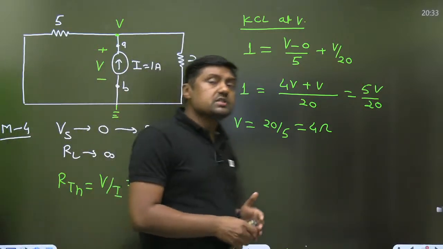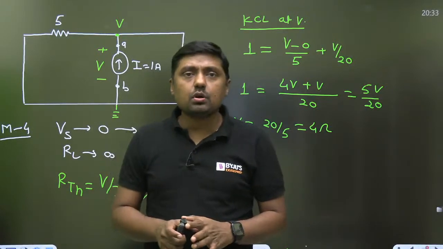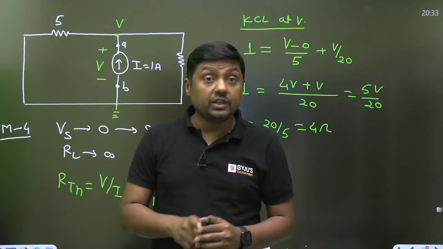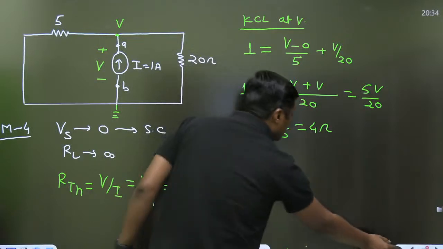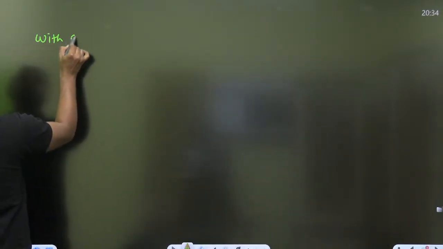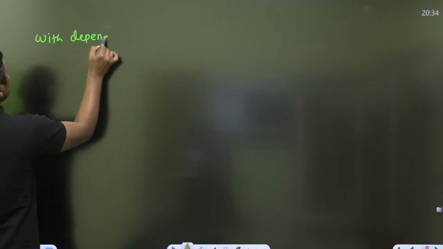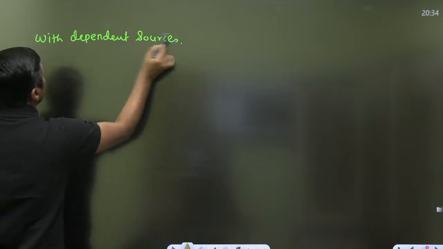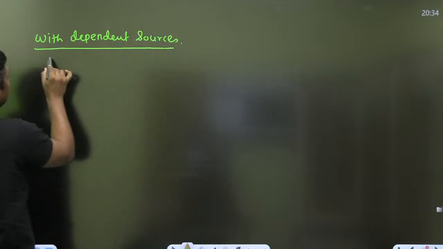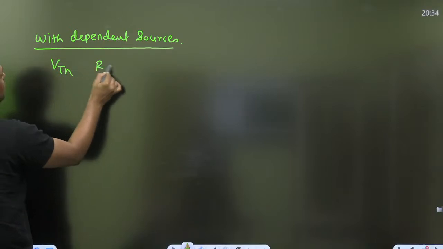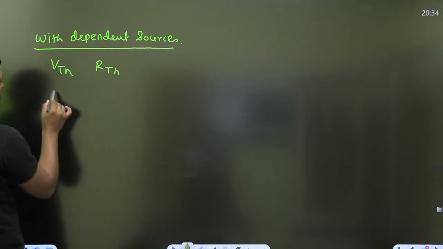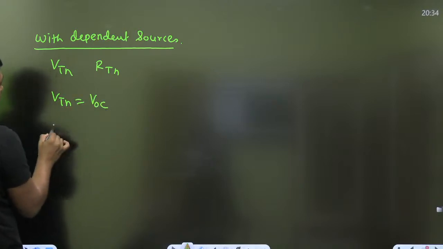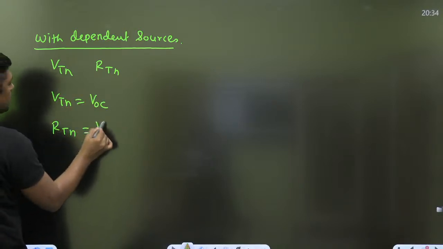With the dependent sources, again, if complete Thevenin or complete Norton is required, I am concluding: with the dependent sources, if complete Thevenin, for example VTH and RTH both are required, then you can go for VTH equal to VOC and then RTH equal to VOC upon ISC.